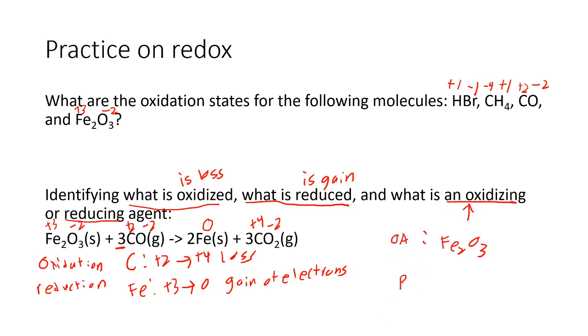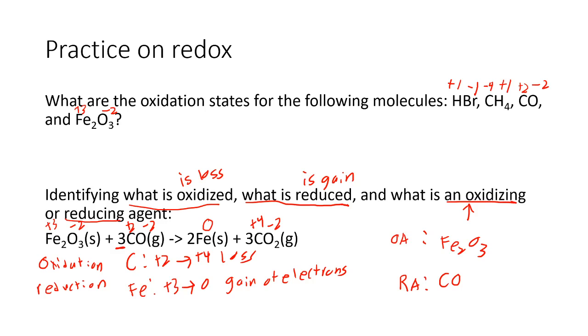Our reducing agent is the thing that caused something else to be reduced. So in this case, the iron atom in iron 3 oxide is reduced. The carbon monoxide is what's doing that, so we would say that the carbon monoxide was our reducing agent. You'll also notice that in each of these cases, I mention a reactant, since we're talking about what is happening when we combine these that causes oxidation or reduction, so it's something we put into the initial reaction that causes something else to have that change.